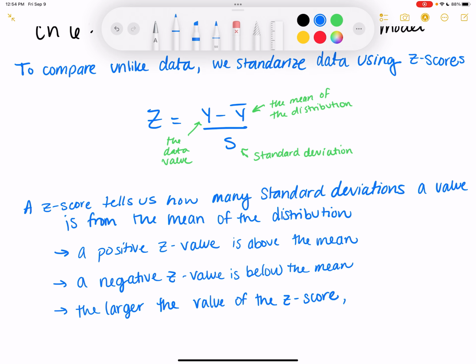So the larger the value of the z-score, the more unusual it is. Typically we say anything more than 2 z-scores away, or 2 standard deviations away, is what we would consider unusual. And you'll see why when we actually model out how much data falls in that region.